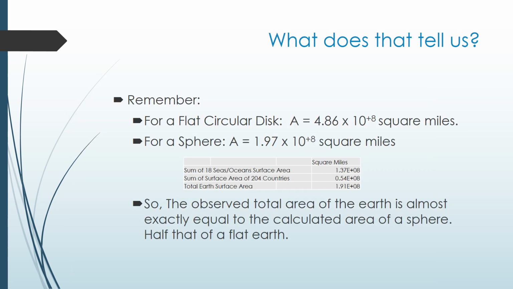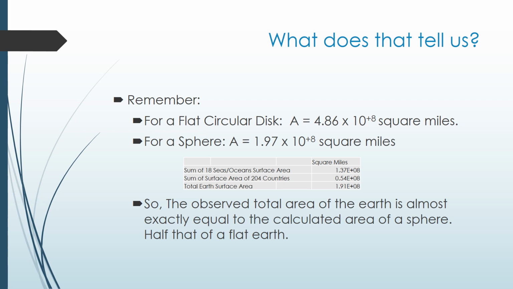So let's remember back a couple of slides. For a flat circular disc, the surface area was 4.86 times 10 to the 8 square miles. For a sphere, the surface area was 1.97 times 10 to the 8 square miles. So here is my Excel spreadsheet where I added up all the data.